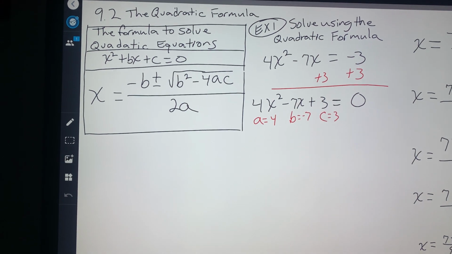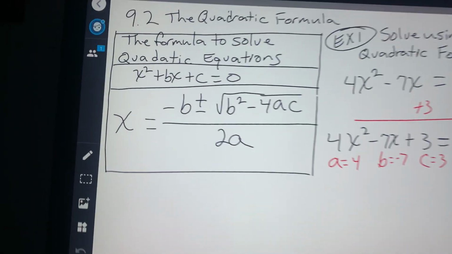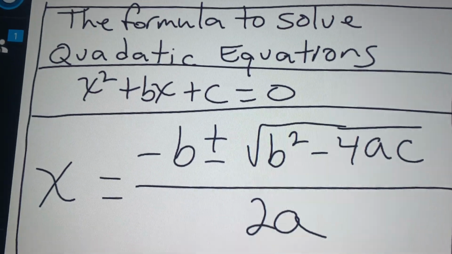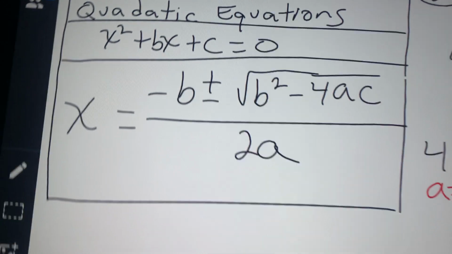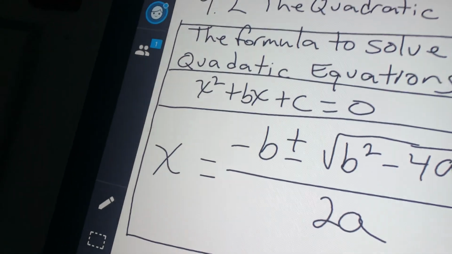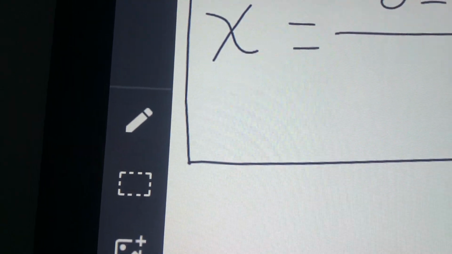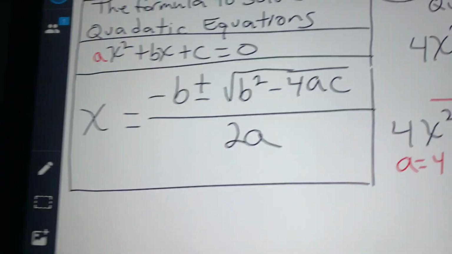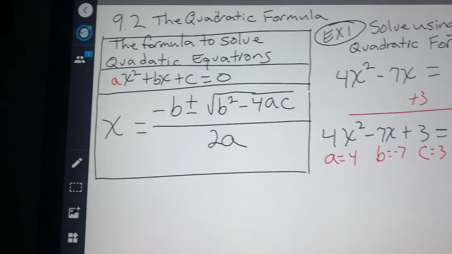And the last one is using the quadratic formula. We use the quadratic formula to solve a problem, again as long as it's written in the form of ax squared plus bx plus c is equal to 0.